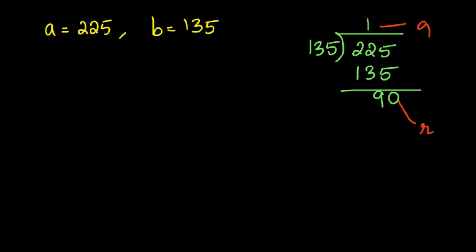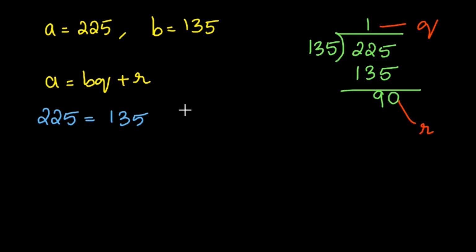This is the quotient. Now writing it in the form A equals bq plus r, A is 225, B is 135. 225 equals 135, quotient is 1 multiplied by 1 plus r is 90.